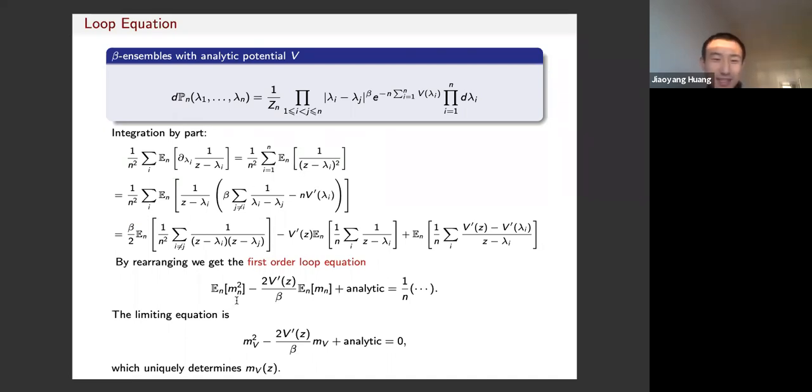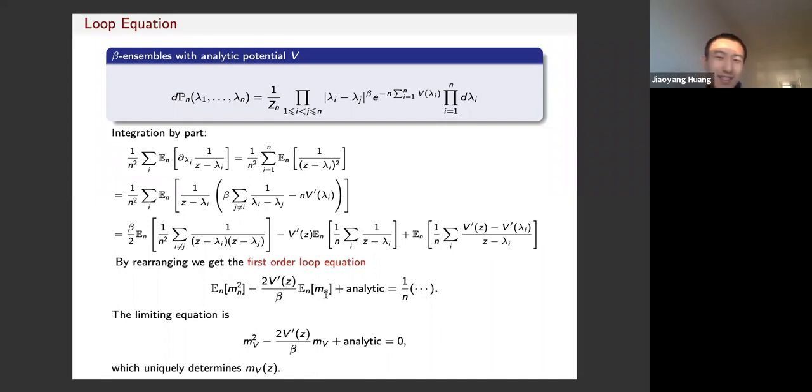It gives the expectation of m_n squared, subtract 2V' over beta times the expectation of the Stieltjes transform, plus something analytic. Explicitly, it's this. If V is analytic, as you can see, the pole cancels, so this is analytic, and it equals some higher order error term, which is of order 1 over n.